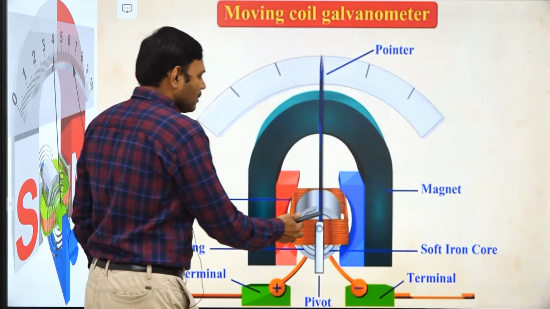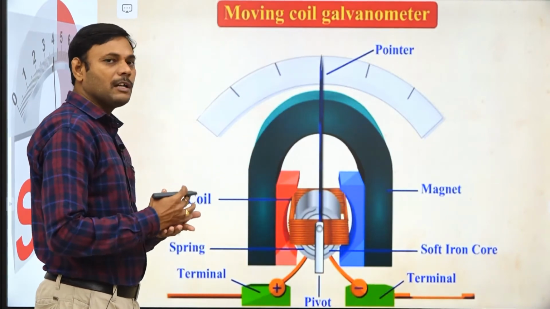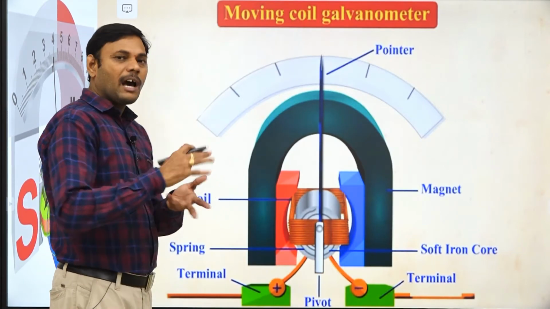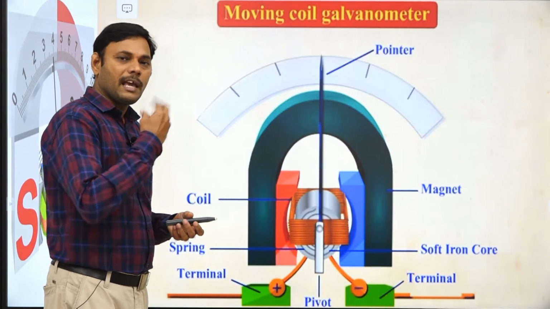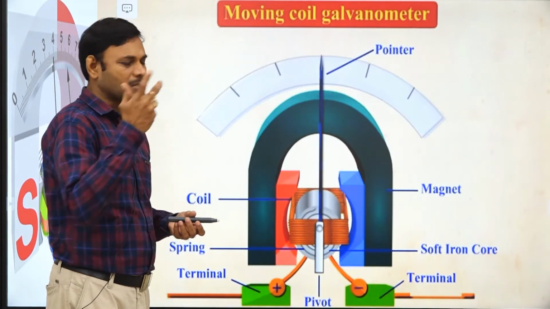Here, when magnetic field is parallel to the face of the coil, then torque is maximum, because B bar and A bar make 90 degrees angle, tau is equal to NIAB sin 90, maximum torque is acting.